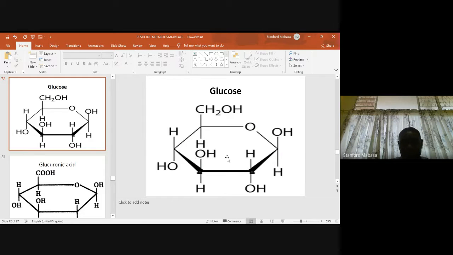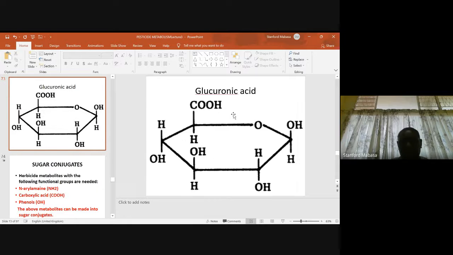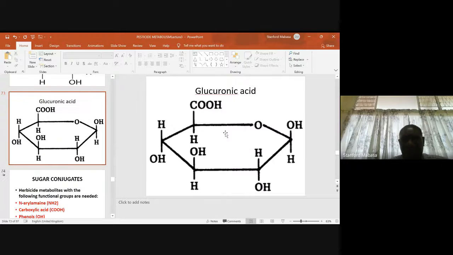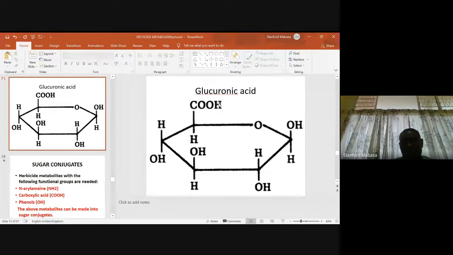This then is glucose. Focus on this structure where we have the OH. The only difference with the glucuronic acid is here, where we have an acid. So glucose plays a role in plants, glucuronic acid plays a role in animals.